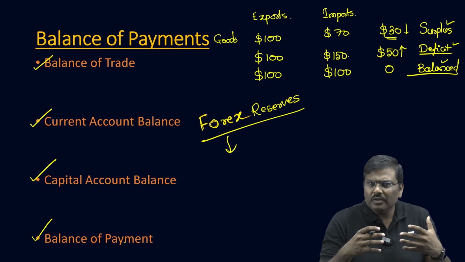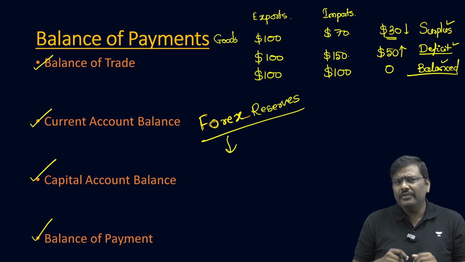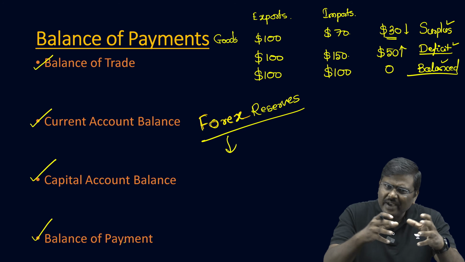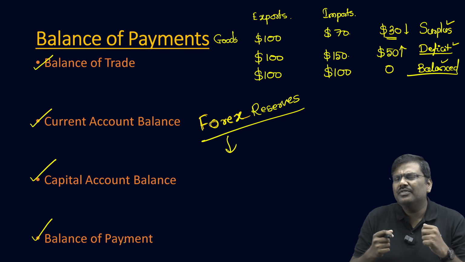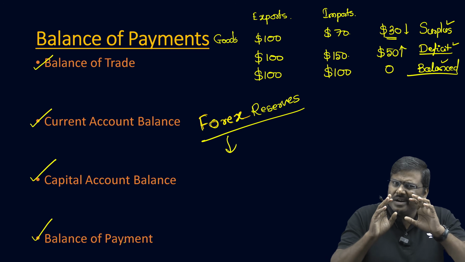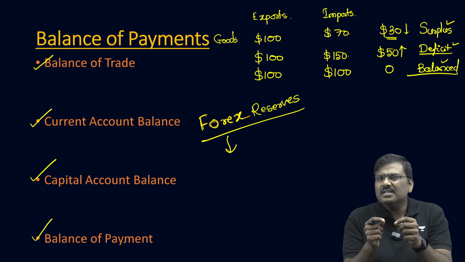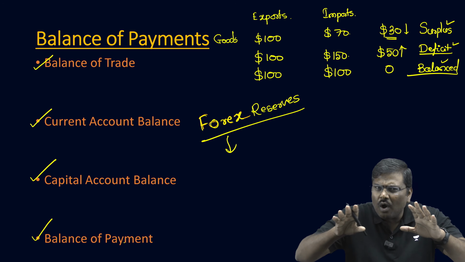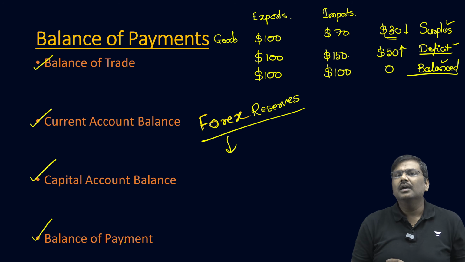But what if I tell you that we might arrive at a situation where the deficit is very high, and we will not be able to counter the deficit? We will not be able to address the deficit with forex reserves. In essence, we reach a situation where we will exhaust all the forex reserves, even then there is a deficit in the BOP.